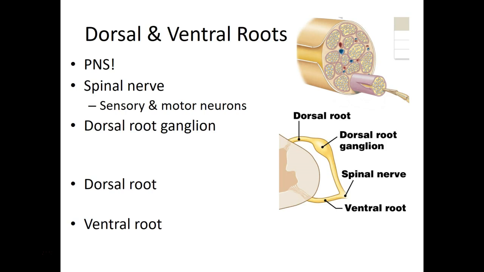So we start off with the separation as we're close to the spinal cord, and then it comes together into a single nerve, but some of that information is going this way, some of that information is coming the other way. So the further away we get from the spinal cord, once we get past these roots, those nerves have information going in both directions. There's a common misconception that nerves are only taking information in one direction. That's not true. That's the point that I want to make sure that you guys understand.